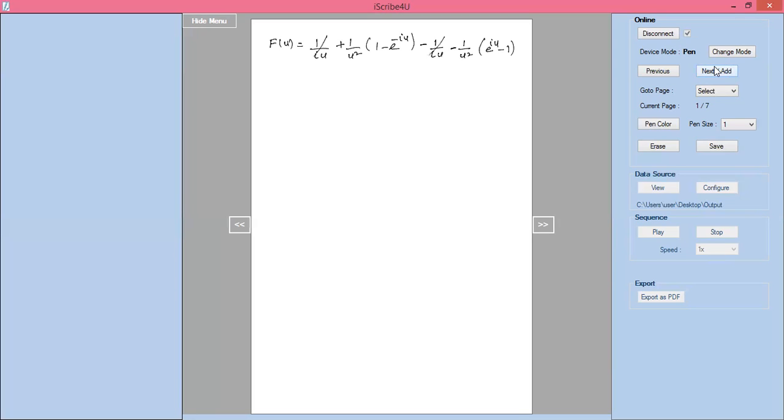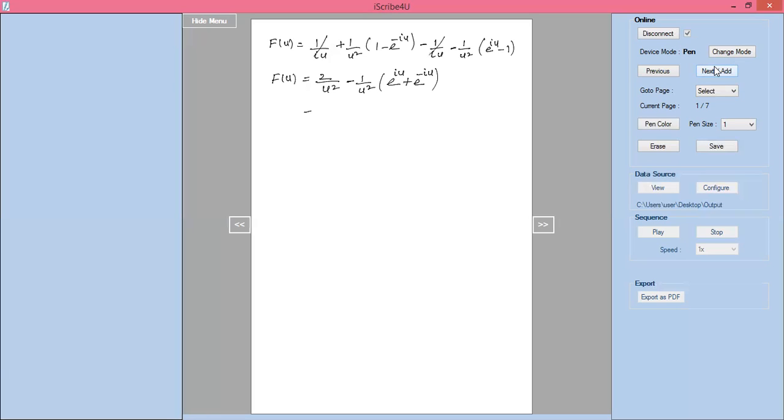So f of u equal to, here 1 by u square is there, here also minus of minus should be plus. I'll write 2 by u square minus 1 by u square into e power iu plus e power minus iu.